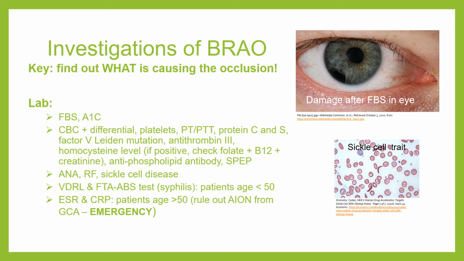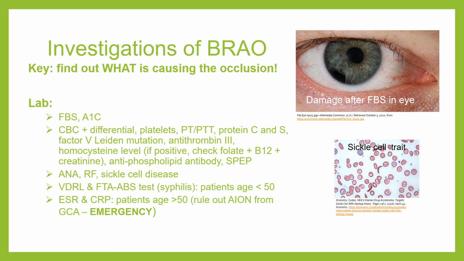There are a lot of investigations that can be done for BRAO to find the underlying cause behind the occlusion. In terms of labs, we can check the FBS and the A1C to rule out diabetes, CBC and differential, platelets, and the PT-PTT, protein C and S, factor V Leiden mutation, and antithrombin 3 to rule out coagulopathy, and the SPEP is for multiple myeloma.